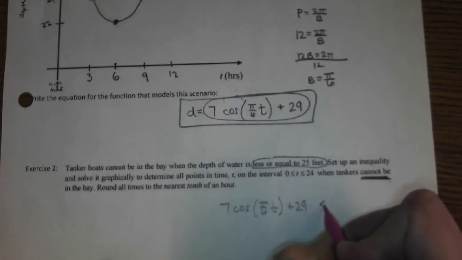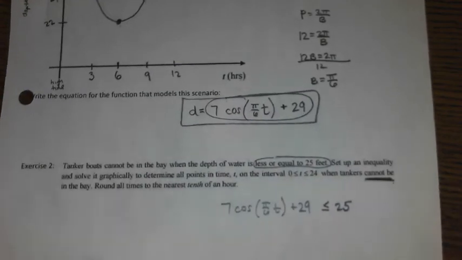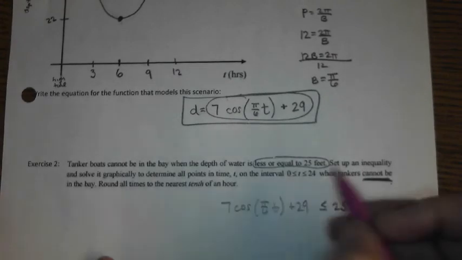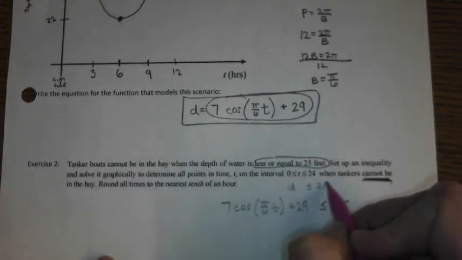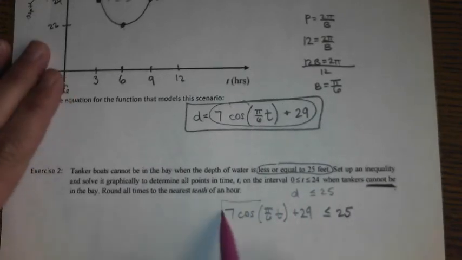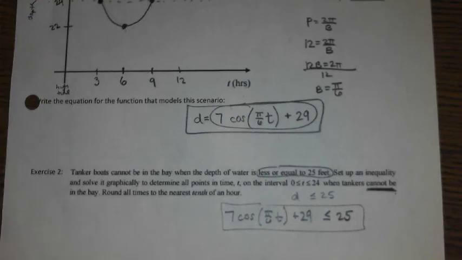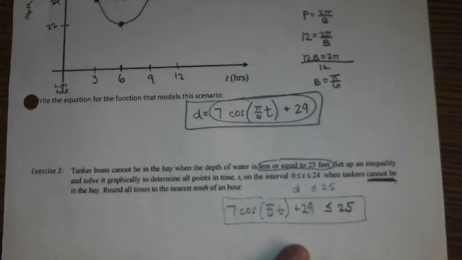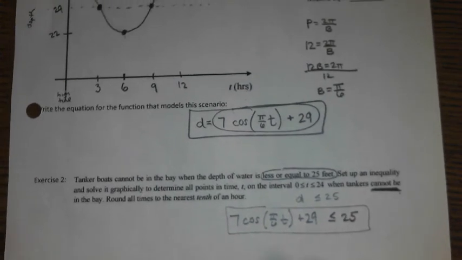Whenever that depth is less than or equal to 25, the tankers can't be in the bay. So there's the setup of the inequality. We're never going to solve these algebraically by hand. That's why they say solve it graphically.